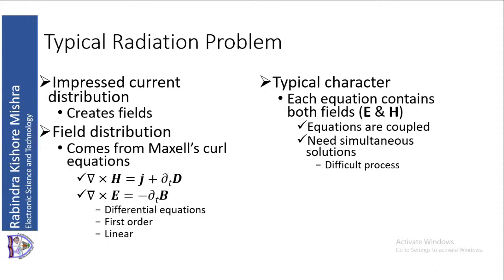So we require a simultaneous solution of these two equations to find the field distribution, or the distribution of E and H in space. If we want to find the distribution of E and H, then we have to solve these two equations simultaneously.